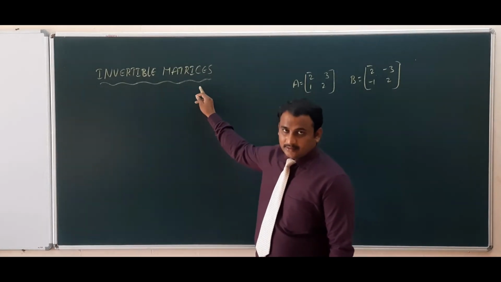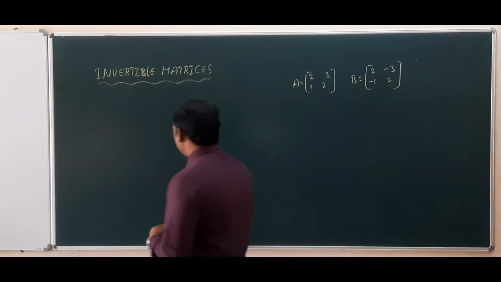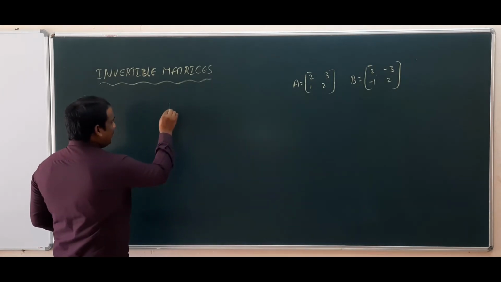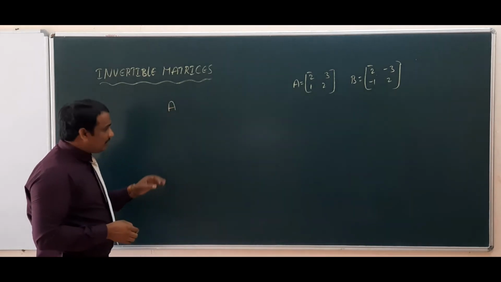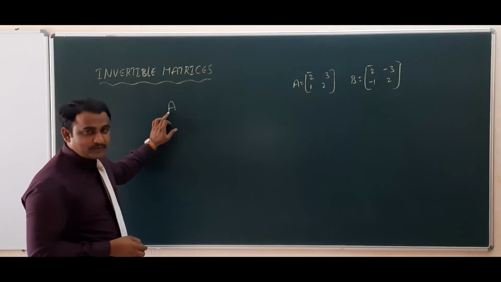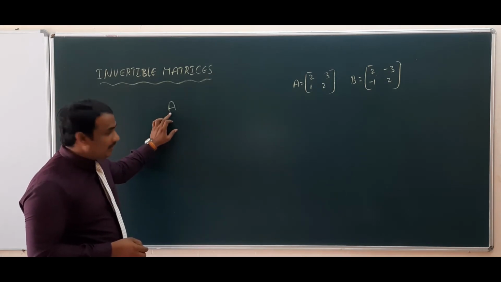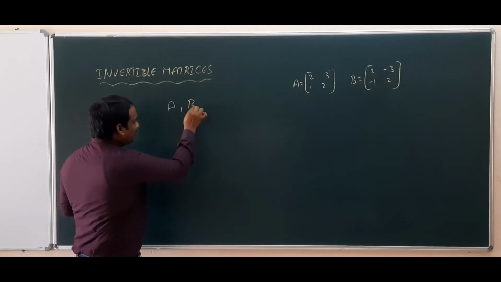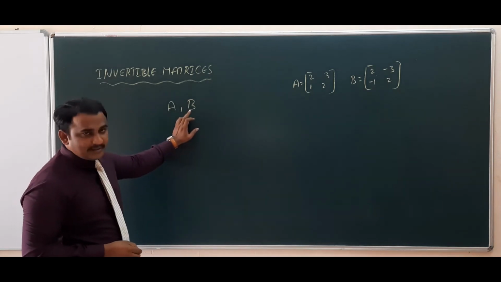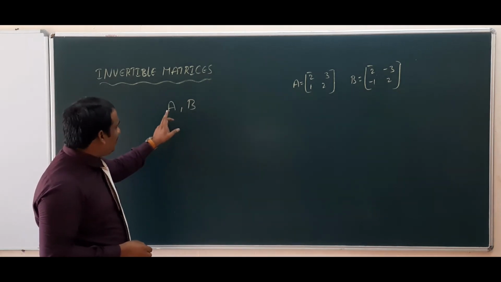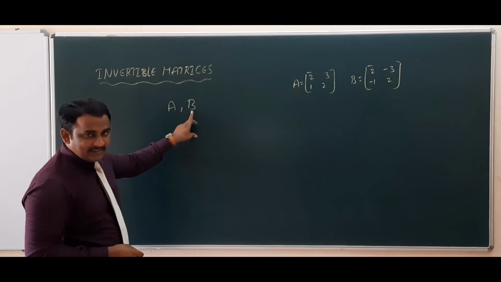Invertible matrices. Here, see, this concept is very important. Suppose A matrix I am taking is a square matrix of order m, and same thing here, B matrix I am taking is a square matrix of order m. A matrix and B matrix I am taking of the same order.